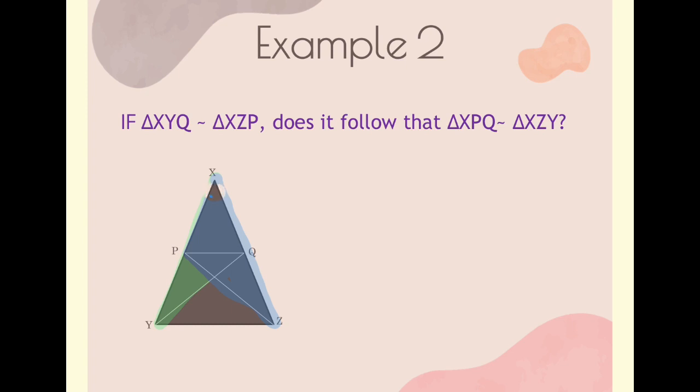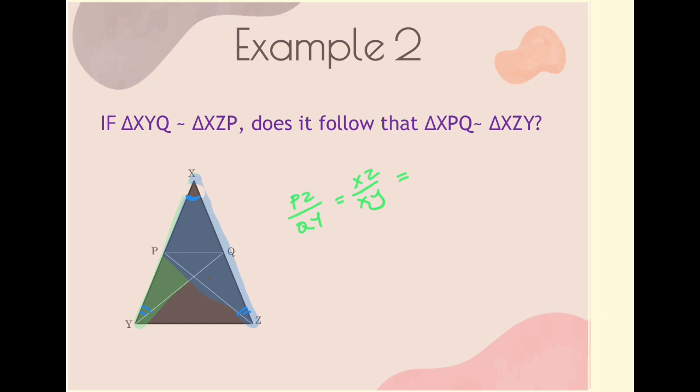You've got X that is shared by both, and then you'd get Y is congruent to Z, and you'd get that their sides are all proportional. So PZ to QY would equal XZ to XY would equal PX to XQ.